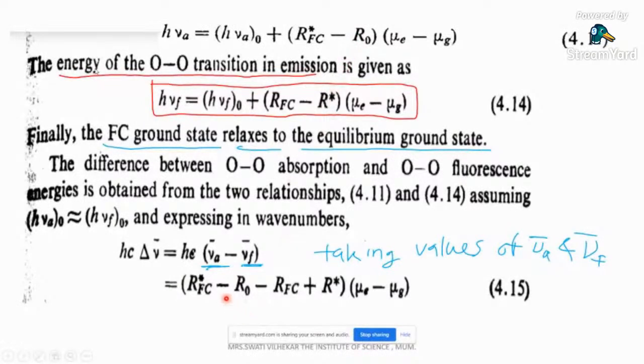So we have obtained the expression in wave numbers, that is hc del nu bar will equal this factor. These are the fluorescence reaction field in the Franck-Condon excited state, the Franck-Condon ground state, and the reaction field.